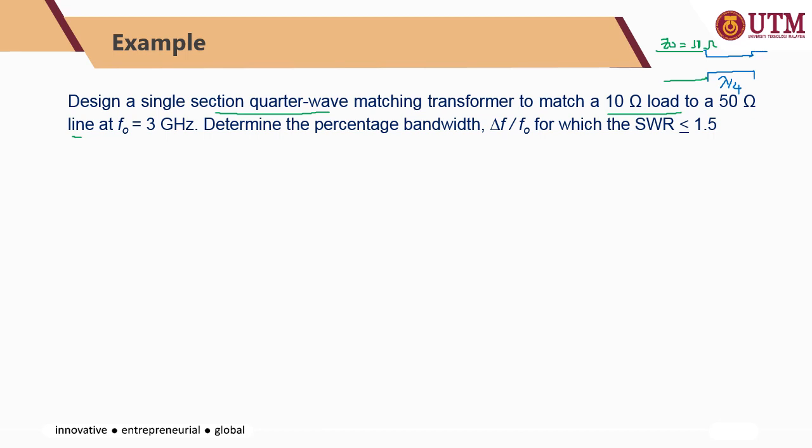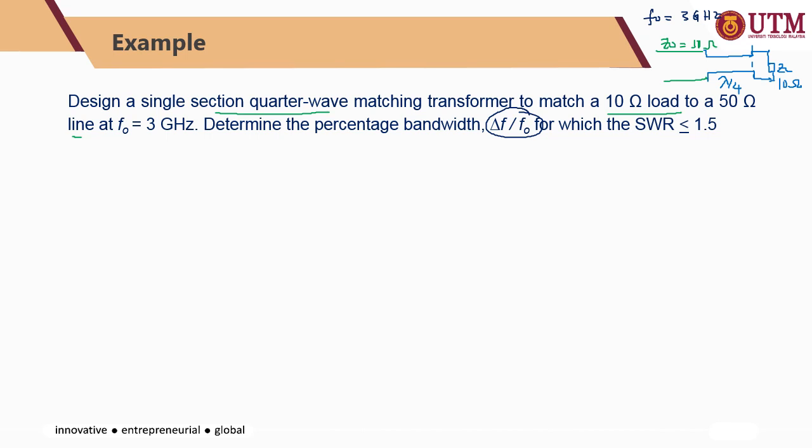Now it goes into the load, ZL equal to 10 ohm. The frequency of operation is 3 gigahertz. The question asks you to determine the percentage of bandwidth that can be provided by the designed matching transformer.